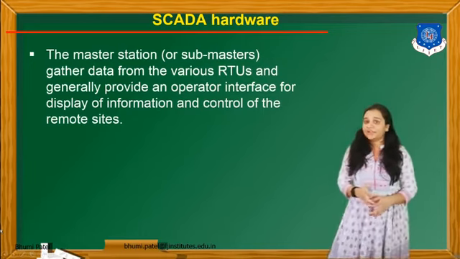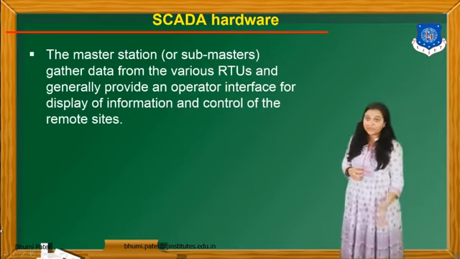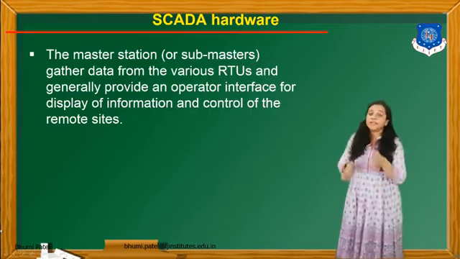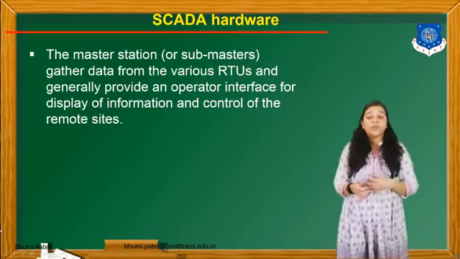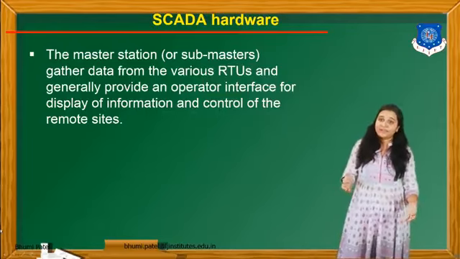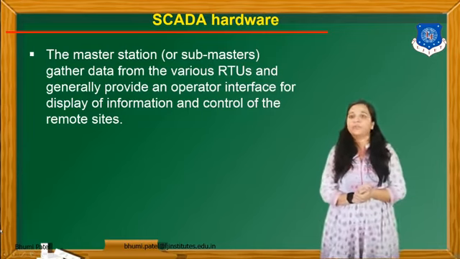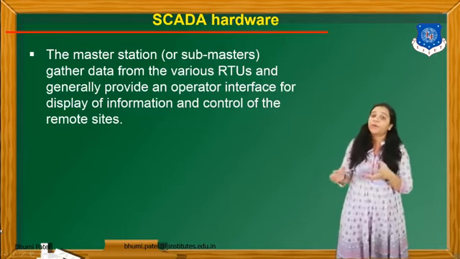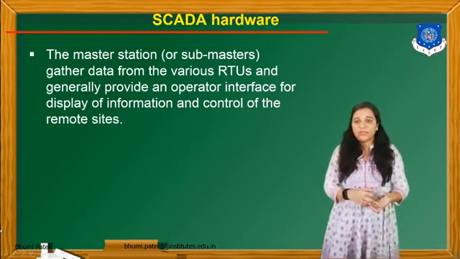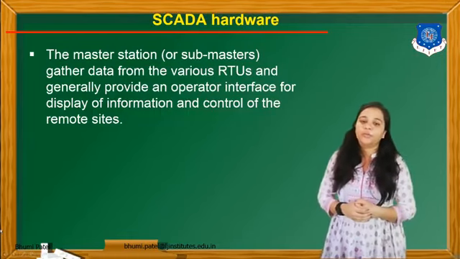Now the master station or the sub-master station gathers the data from the various RTUs, because in the same SCADA system we have to use multiple RTUs, so the master station will gather the data from the RTUs and generally provide an operator interface for the display of the information and control of the remote site.